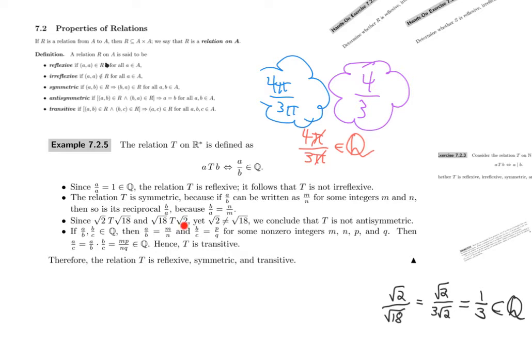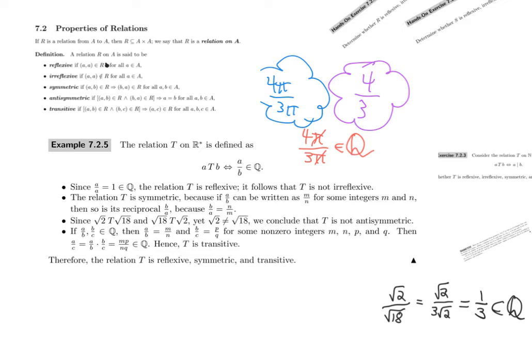And if we flipped it over, the same thing would be true. Okay? However, this is actually going to tell us that this is not anti-symmetric because A is related to B and B is related to A, but that does not imply that A equals B. So in other words, T is not anti-symmetric.